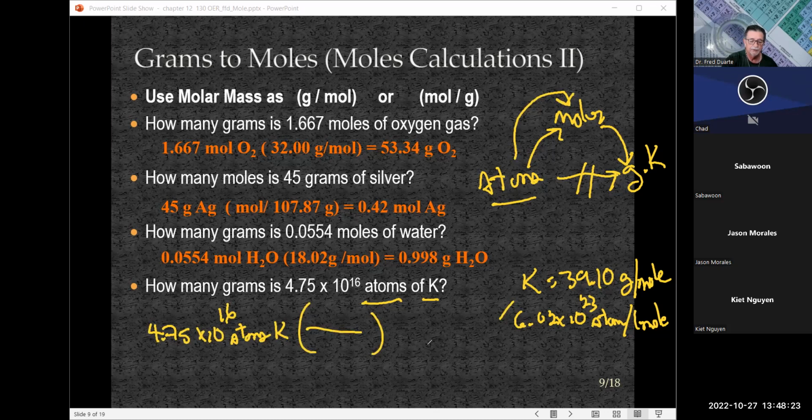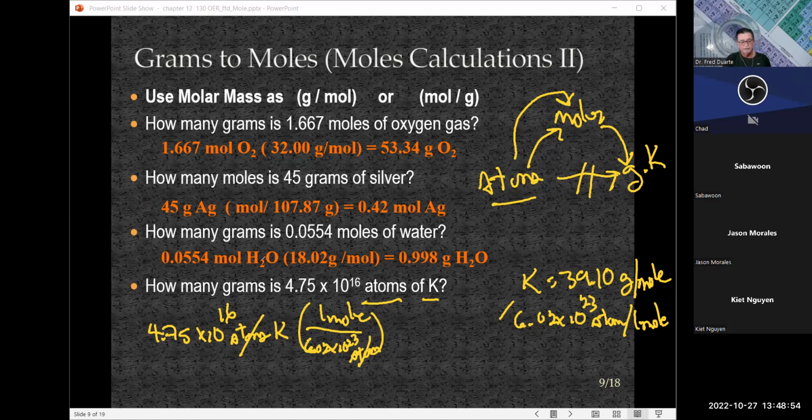So we use 6.02 times 10 to the 23rd atoms in the denominator, 1 mole in the numerator. Atoms cancel out. At this point in the calculation, if we stop right here, that would take the 4.75 times 10 to the 16 atoms and get me into moles.